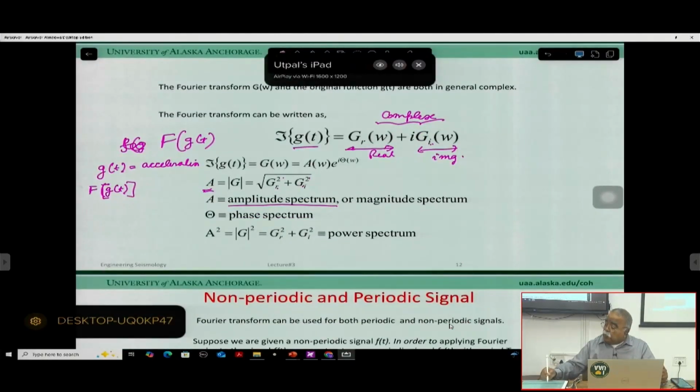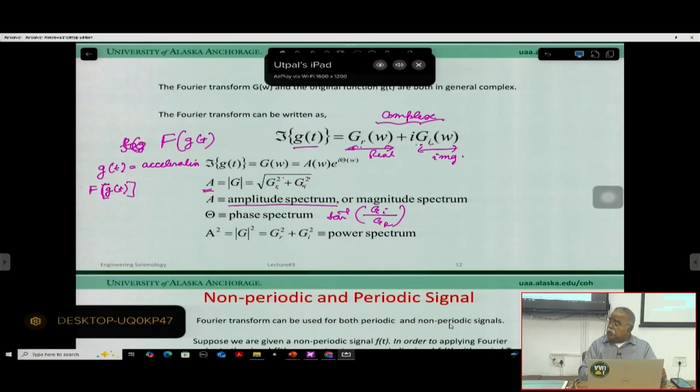So this is your spectrum, and then you can calculate phase spectra with the imaginary part divided by the real part. Then that will be the arctan, tan inverse of the imaginary part over the real part.